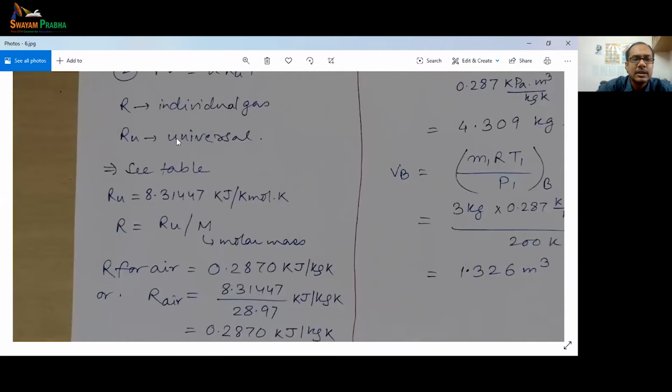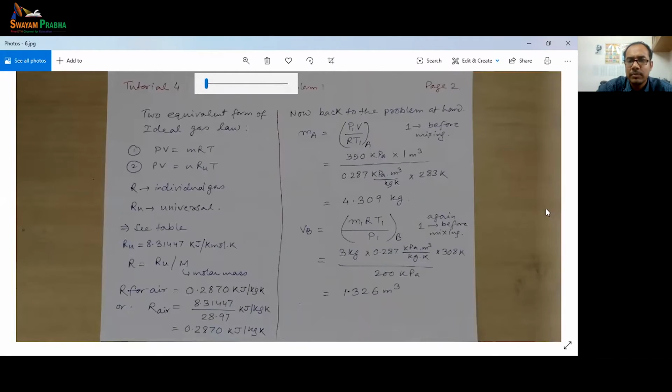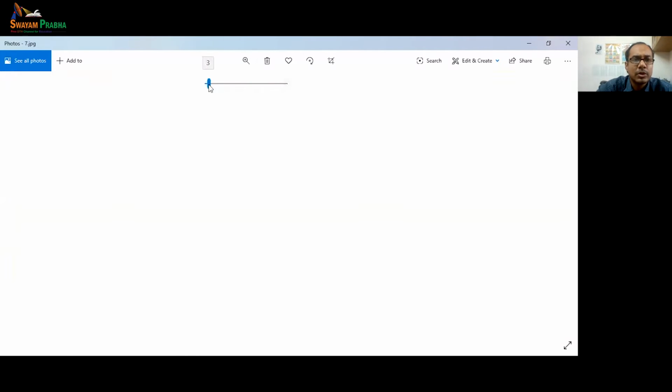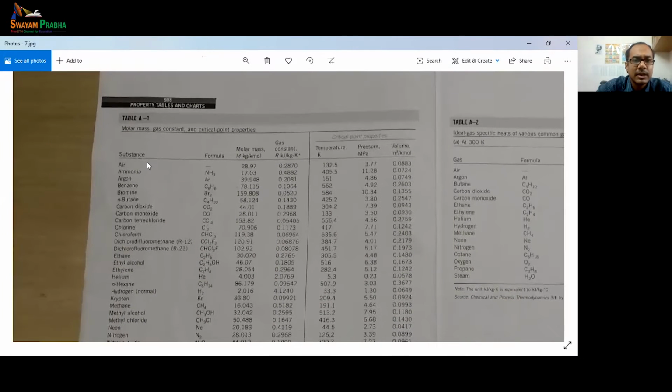Now let us see what the values of this Ru and R are from the table. So let us go to the table. Here is the table in Cengel and Boles' book. This is Table A1, which lists molar mass, gas constant, and critical point properties.